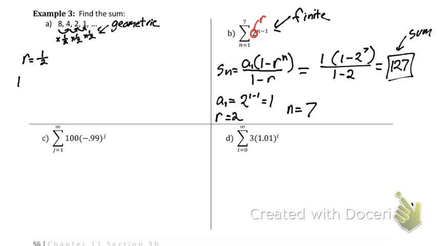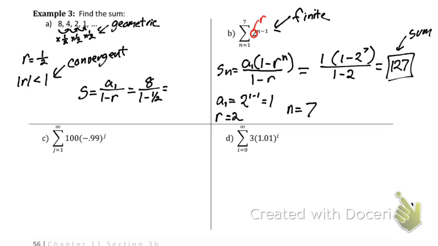And so the absolute value of our r value is definitely less than 1 because it's 1/2, which means it is convergent. If it's convergent, we just use the formula S equals our first term divided by 1 minus our r value. In this case, our first term is 8 divided by 1 minus 1/2, which is going to equal 1 minus 1/2 is a negative 1/2. 8 divided by a negative 1/2 is a negative 16.